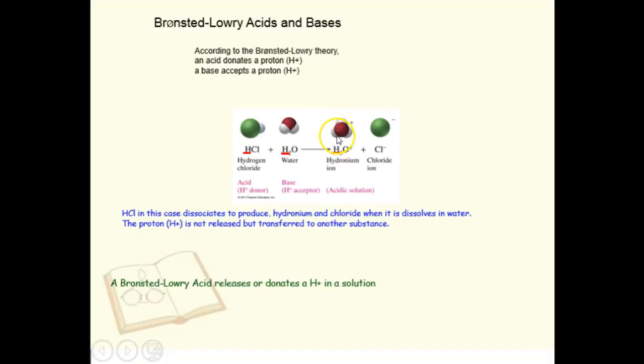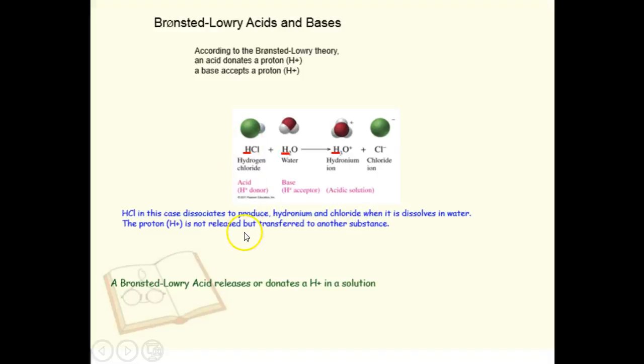So in this particular case, the water is going to be the base in the reaction, because it accepted the proton, and the acid, of course, is going to be the one that donates it.